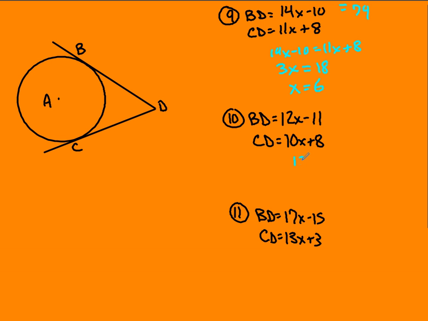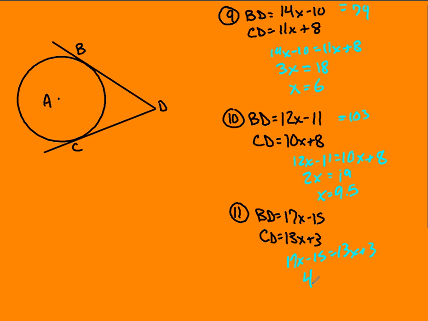Same thing here, 12x minus 11 equals 10x plus 8. Subtract 10x, gives you 2x, add the 11, which will give you 19, that means x equals 9.5. I plug back in for either one of them, and I get BD will equal 103. Last one, again, 17x minus 15 equals 13x plus 3.